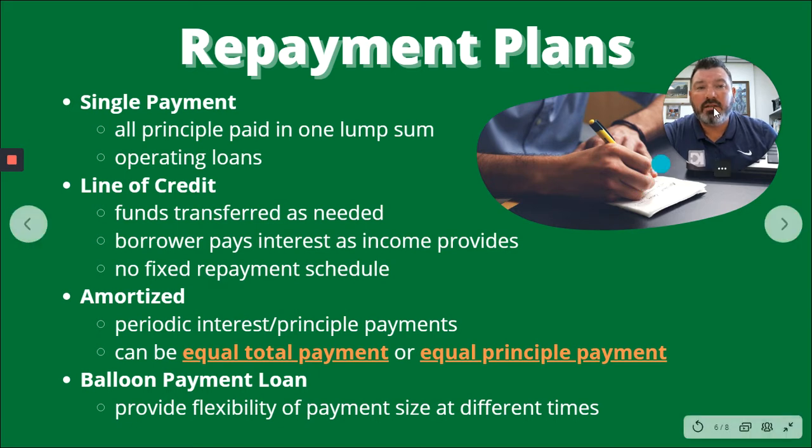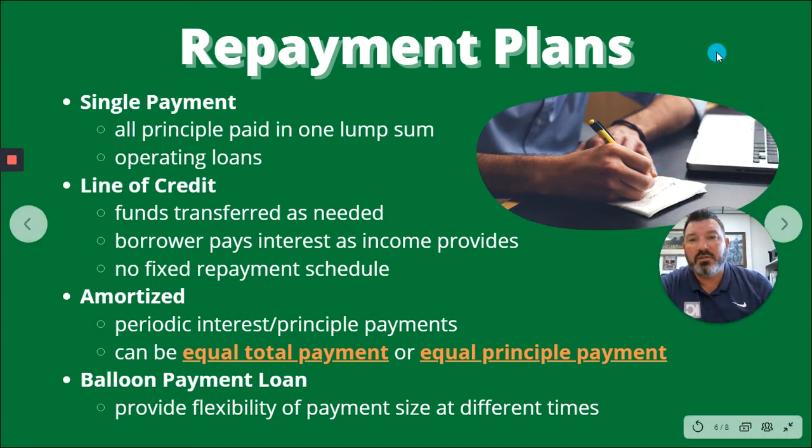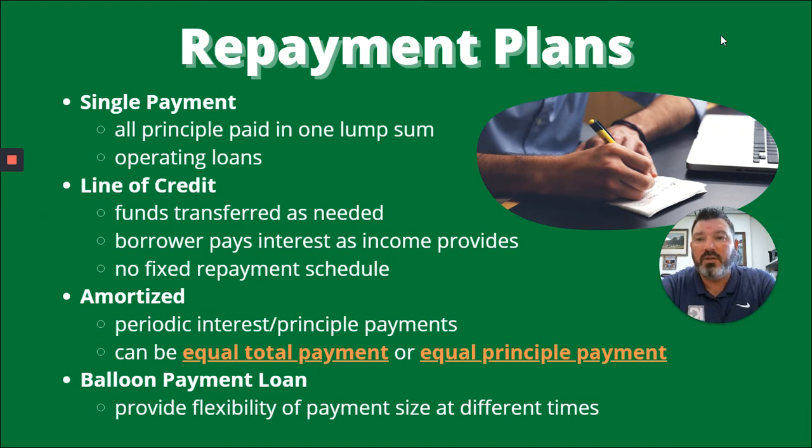You can also look at repayment plans, and there's several different options here. Of course, you could pay off a loan in just a single payment, where all of the principal and any accumulated interest is paid off in one lump sum, like an operating note. We can also look at a line of credit, which is very common in agricultural operations.